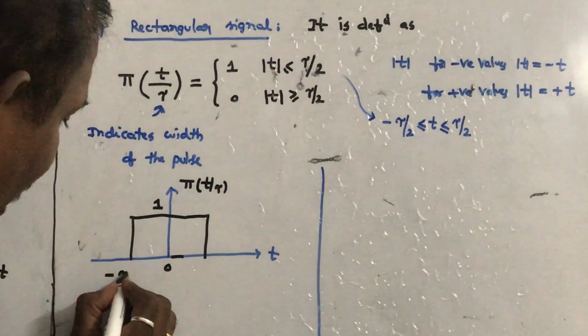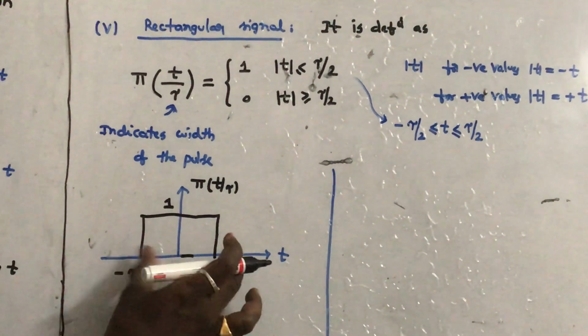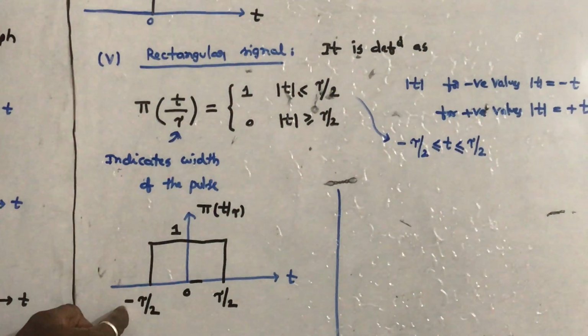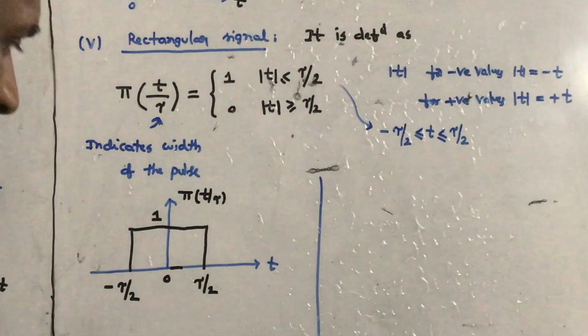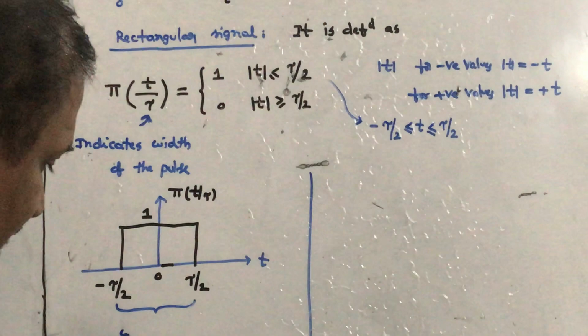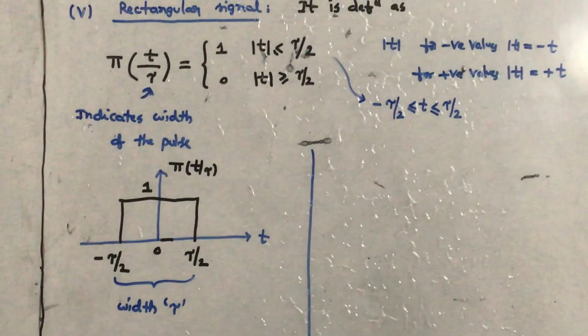So its value is 1 during this interval, minus tau by 2 to tau by 2, and it is 0 outside this interval. You can check the width: tau by 2 minus of minus tau by 2 becomes tau. So you can clearly see that the width of this rectangular pulse is tau, as I mentioned earlier.